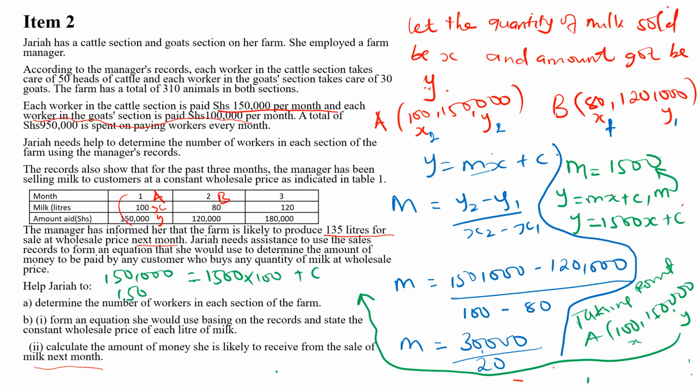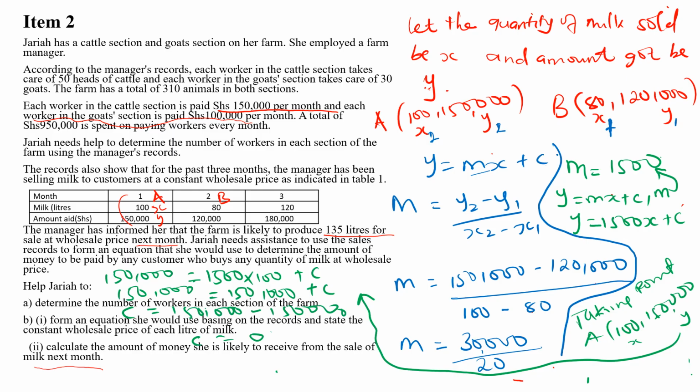So we should get 150,000 is equal to 150,000, then plus c. So to find the value of c, you'll get 150,000 minus 150,000. So you get the value of c as 0.